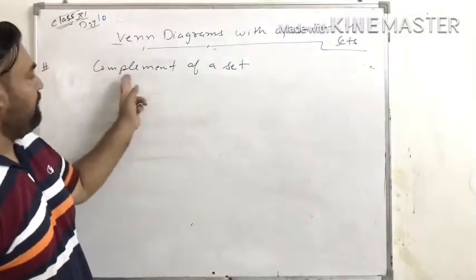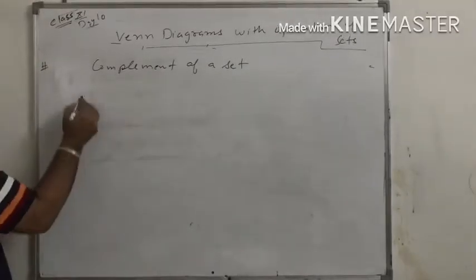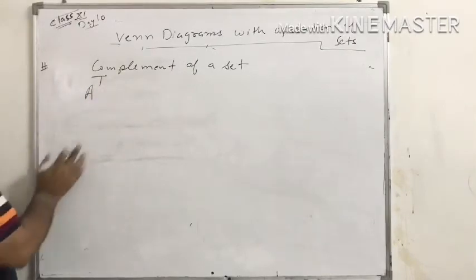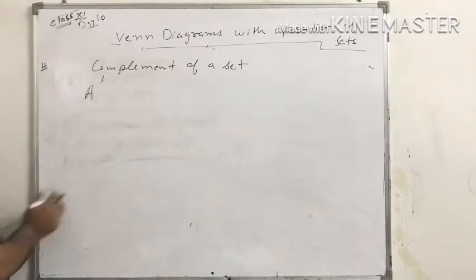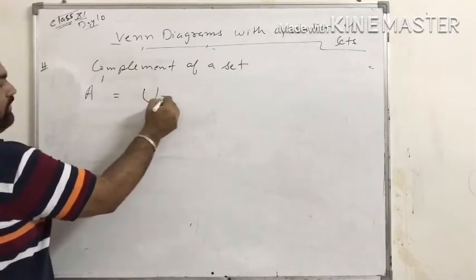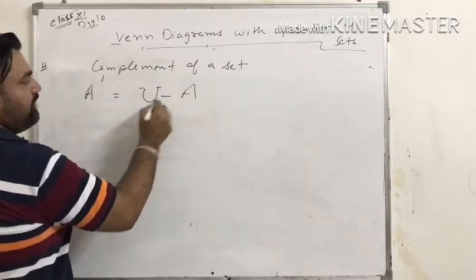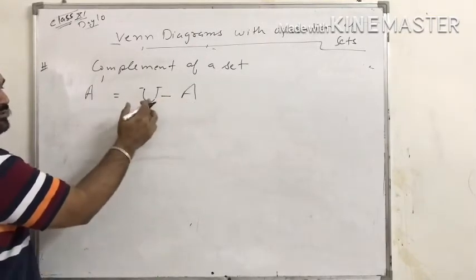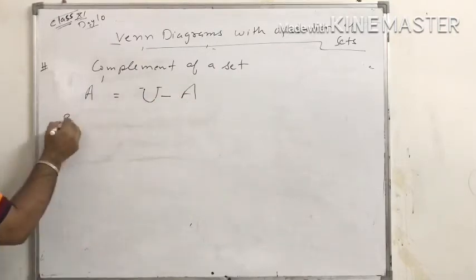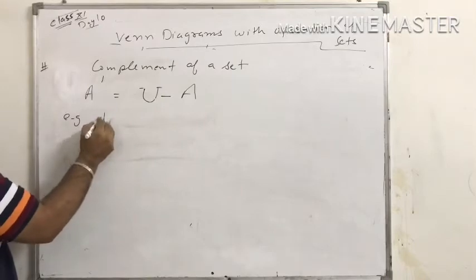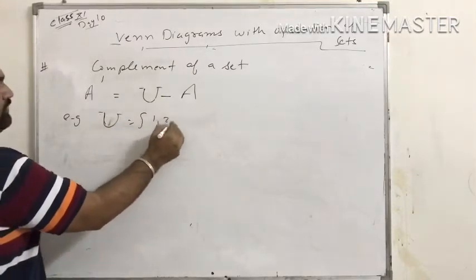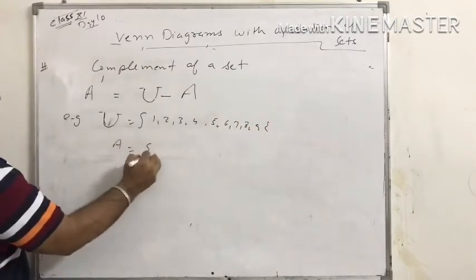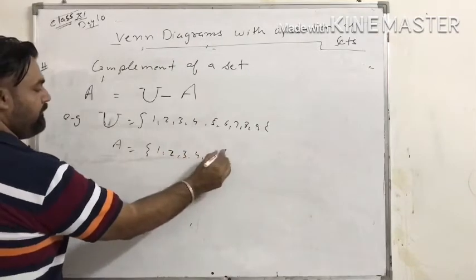The next concept is complement of a set. This is the sign of complement. Now A complement means U minus A, all the elements of U which are not present in A. For example, universal set equals {1, 2, 3, 4, 5, 6, 7, 8, 9}, A equals {1, 2, 3, 4, 5}.